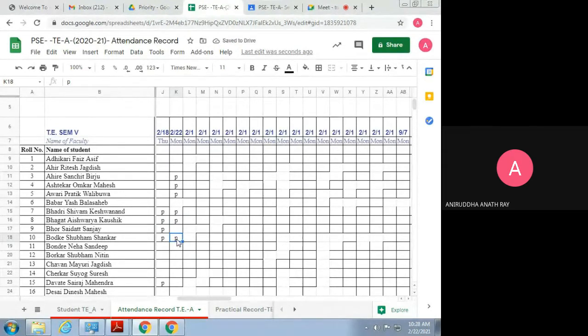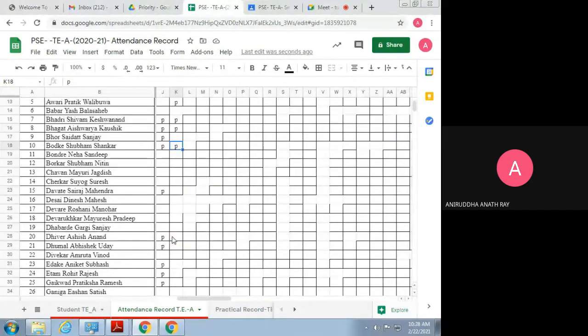Anybody else? Then roll number 11 to 20.